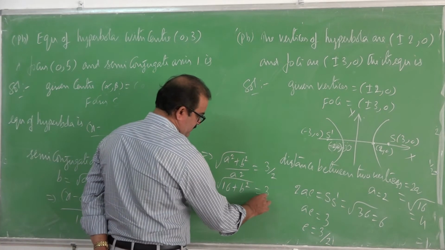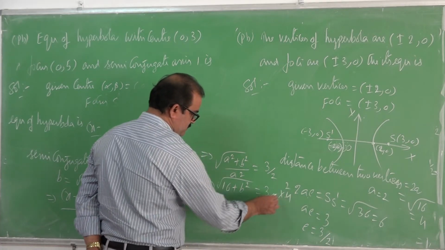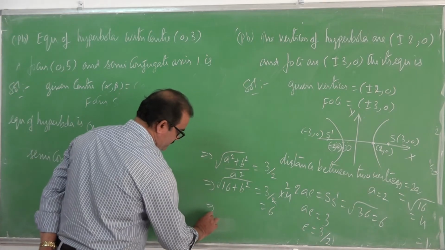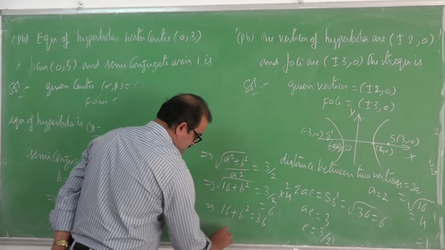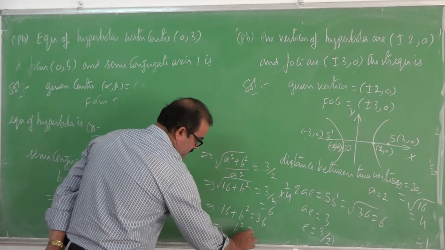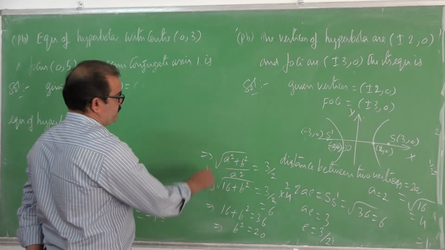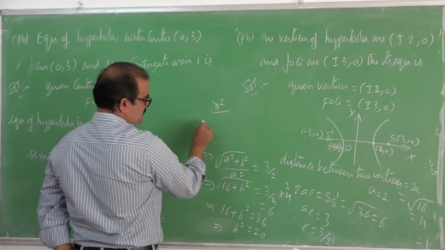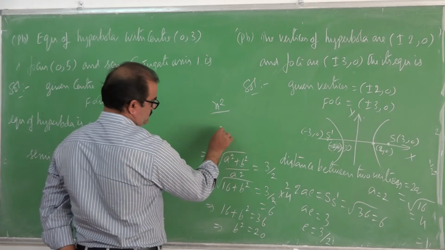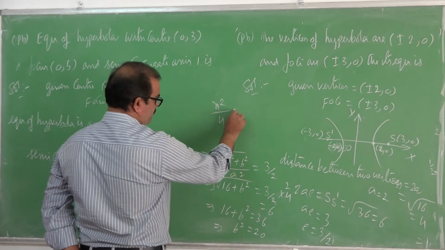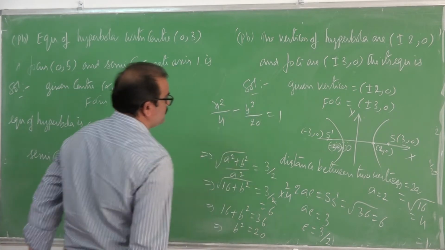Cross multiply, we get 3 by 2 into 4. 2 times cancel, 3 into 2, 6. Squaring, 16 plus b square is equal to 36. b square is equal to 36 minus 16, 20. So the equation of the hyperbola is x square by a square 4 minus y square by b square 20 is equal to 1.